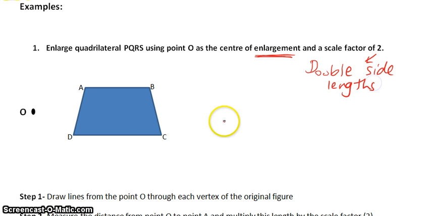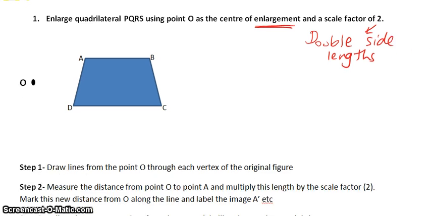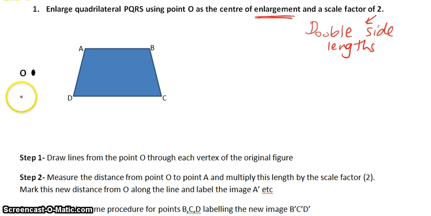But they want us to do that in such a way that O is the point that is the center of the enlargement. So here are the steps. Draw lines from the point O through each vertex. So you're drawing a line from here through these vertices that are twice this length. You're going to have to get your ruler out and measure it on your sheet.